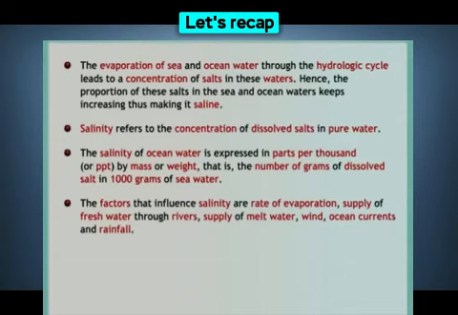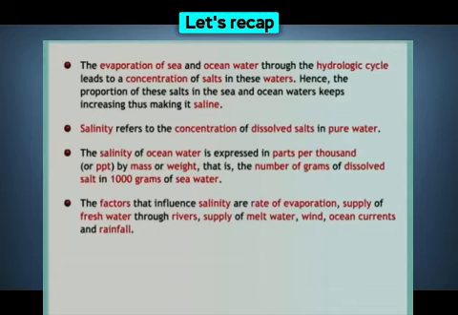Now let's recap. The evaporation of sea and ocean water through the hydrologic cycle leads to a concentration of salt in these waters. Hence, the proportion of these salts in the sea and ocean waters keeps increasing, thus making it saline.